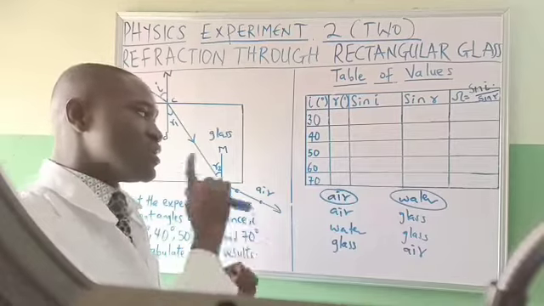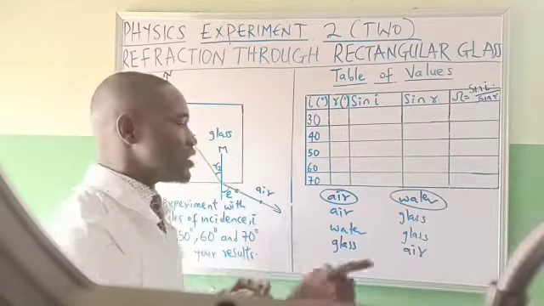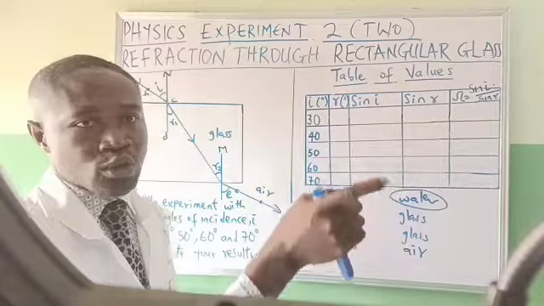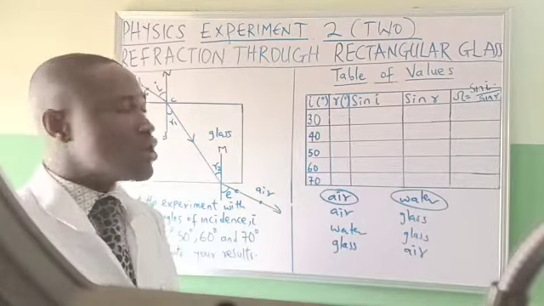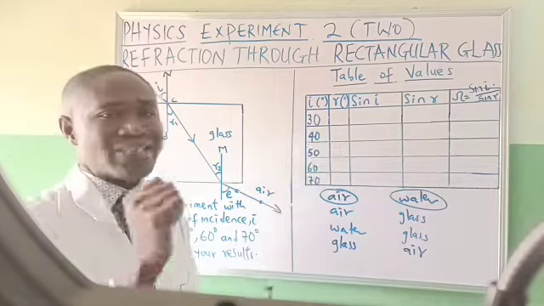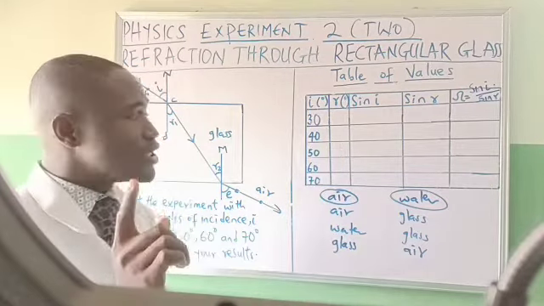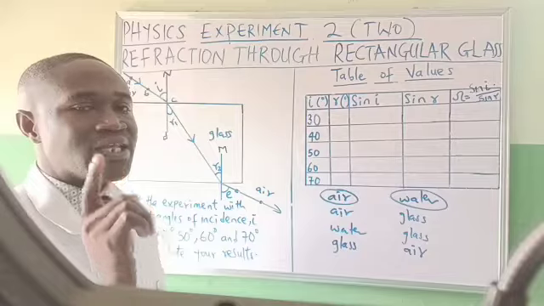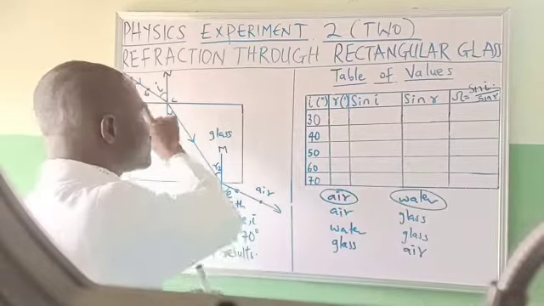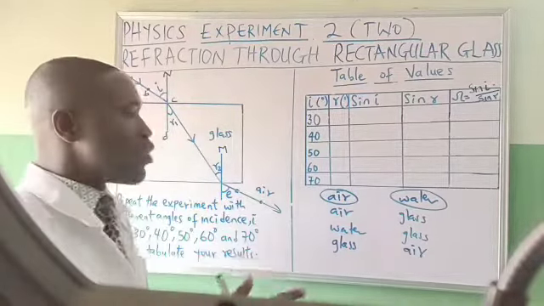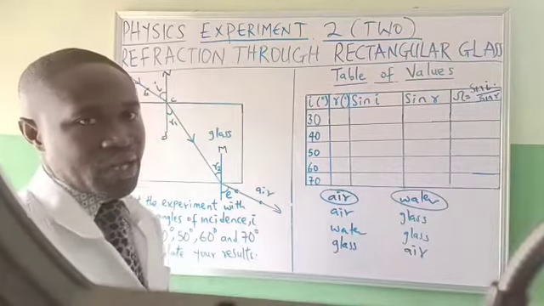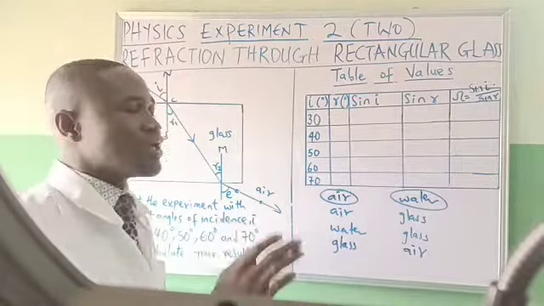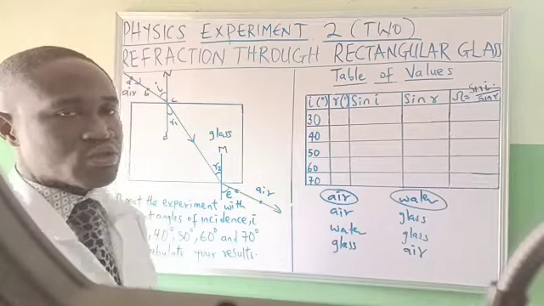Remember, we said there must be movement of light ray from one medium to another. So there will be need for light. If you are doing this experiment where there is darkness, you will find it difficult to put your pin and locate it accordingly. And that is why we want to see how to get these readings without touching apparatus, and you will get a very good result.